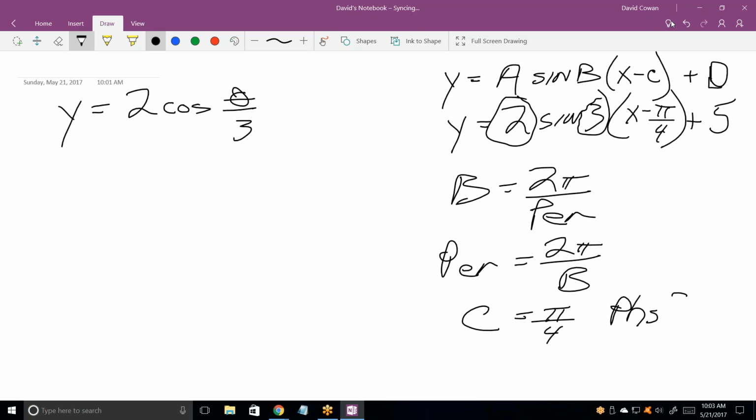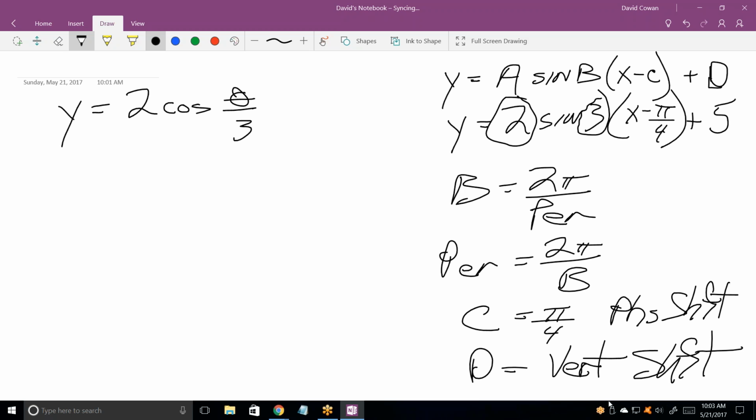But don't kid yourself, it's exactly the same as a horizontal shift if we were dealing with an algebraic equation. And then finally, the D is the vertical shift, exactly the same as a vertical shift. In fact, all of these are exactly the same. A is a vertical stretch or shrink factor.